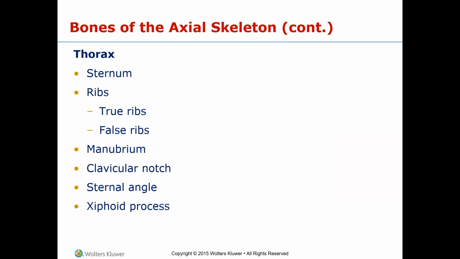In the thorax, we have the sternum, the ribs, and the ribs have both true and false ribs. And then our breastbone has the manubrium. We have also our clavicular notch and our sternal angle and our xiphoid process, which are all part of our breastbone.